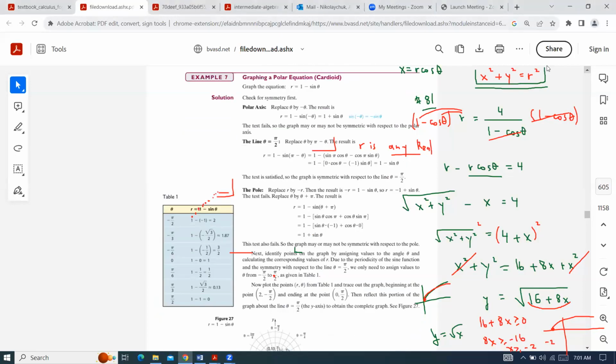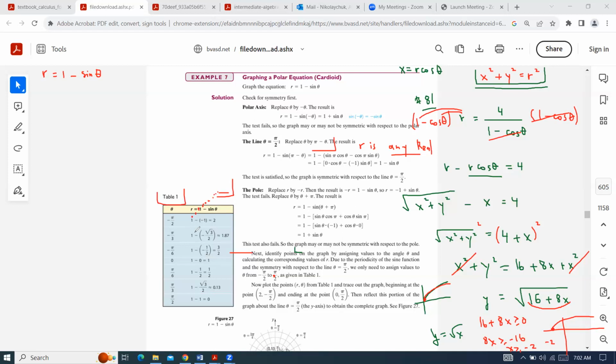So the graph is here, r is equal to 1 minus sine of theta. And the way they do it is they plot a few points here. So they calculate them in a table.